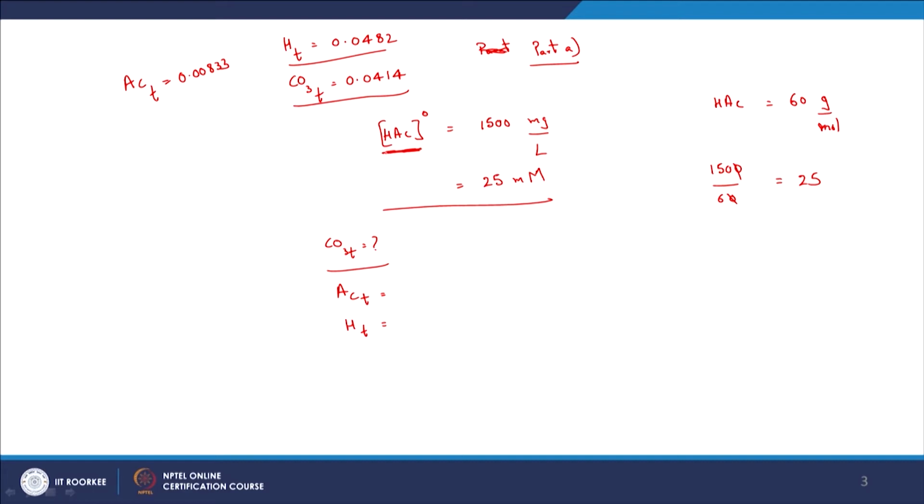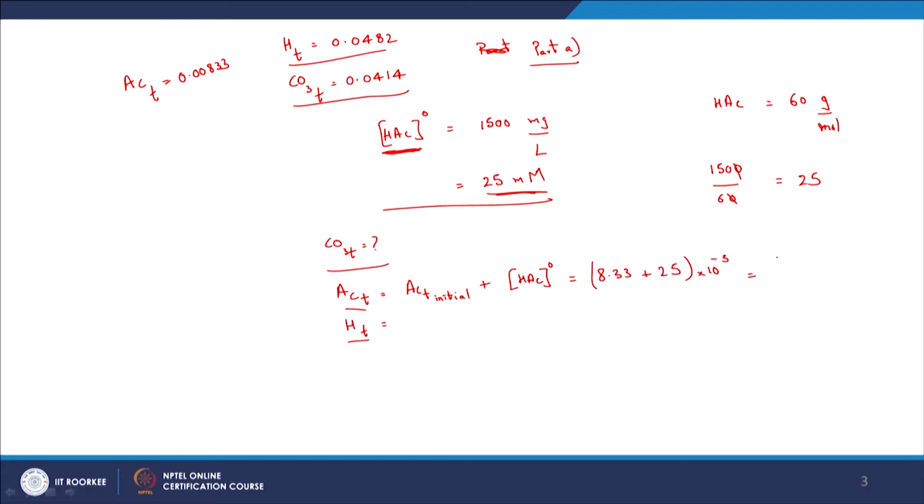So, by adding HAc at 25 millimolar per liter, how are these two particular total components going to change? That is going to be equal to acetate total initial plus this new addition of acetic acid, and that is going to be 8.33 plus 25, into 10 power minus 3.